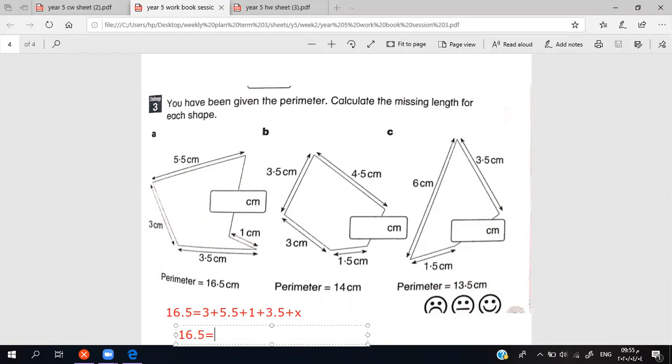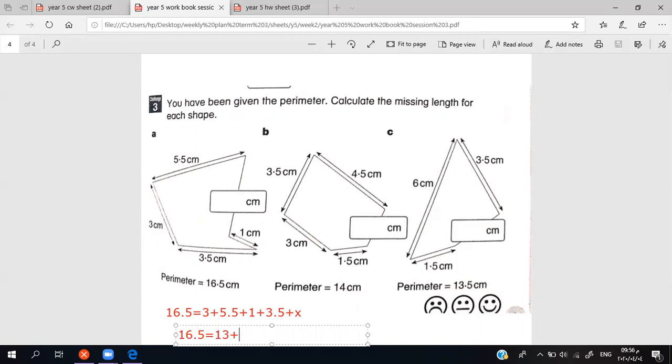Let's see. 3 plus 5.5, it's a what? After 5.5, 6.5, 7.5, 8.5. And then plus 1, 9.5. And then plus 3.5, after 9.5, 10.5, 11.5, 12.5. And I have a 0.5, so it's a 13. Like this, it's a 13.